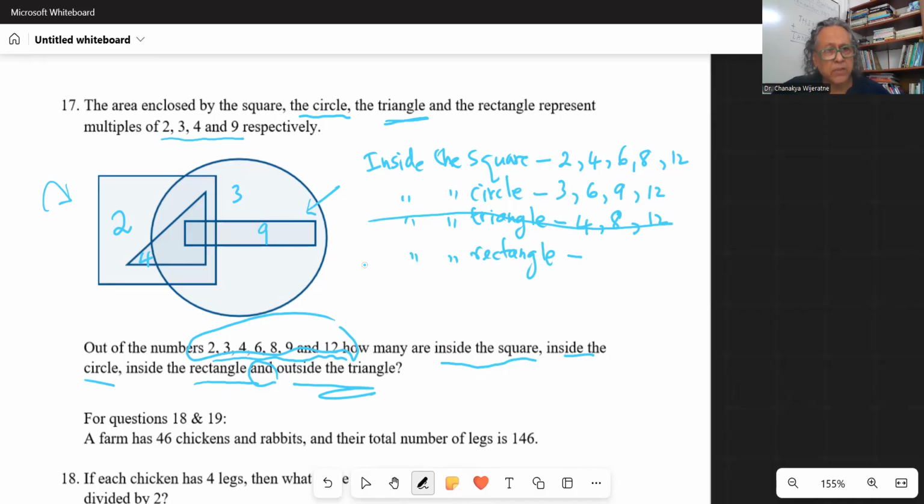Inside the rectangle, which represents multiples of 9. It's only 9, right? So what are the numbers inside the square, inside the circle, and inside the rectangle?